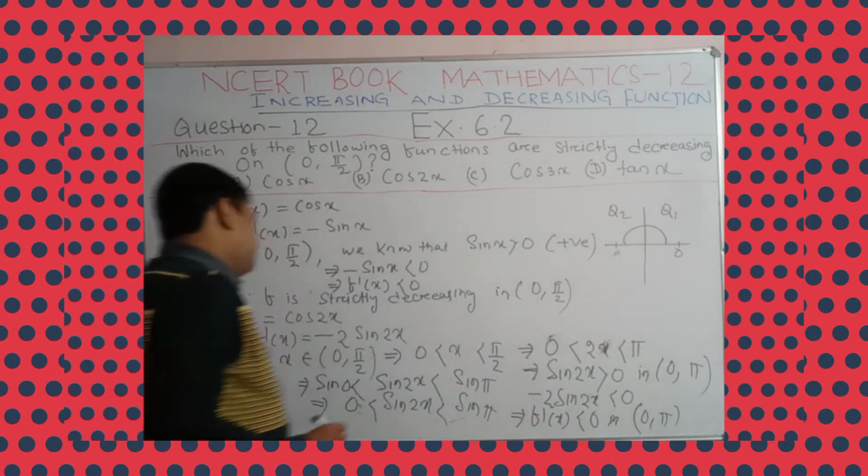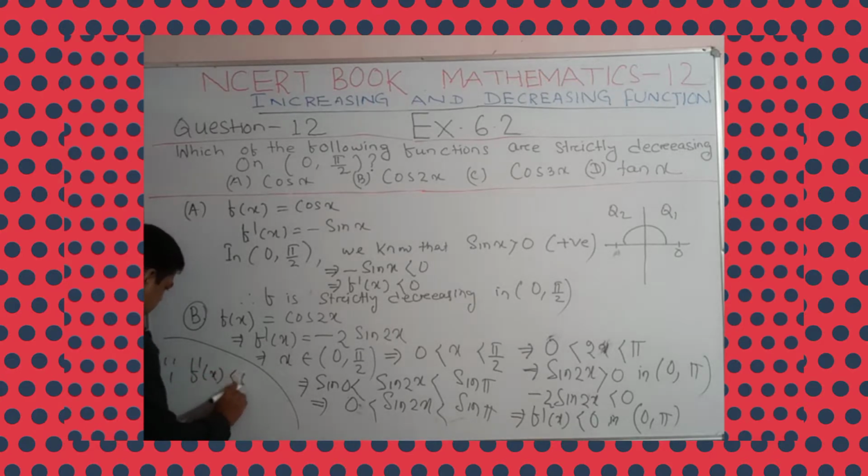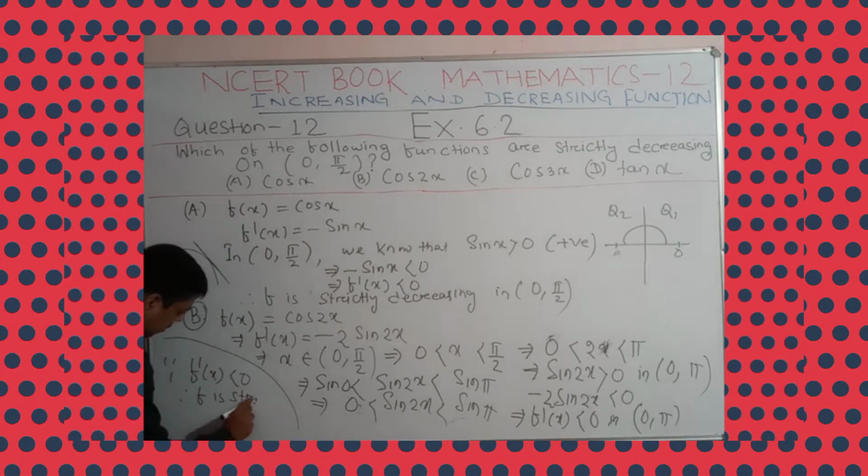Since f dash x is less than 0, according to the definition, the slope of the function is becoming negative. Understand? So f is strictly decreasing.